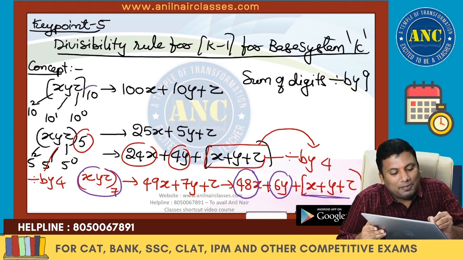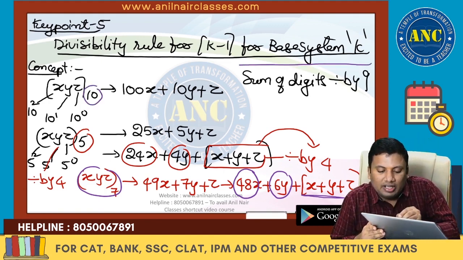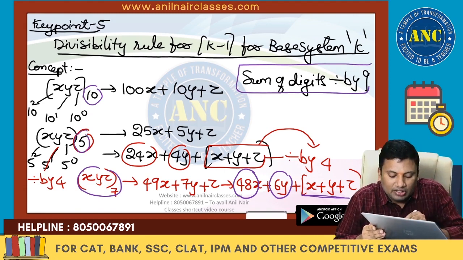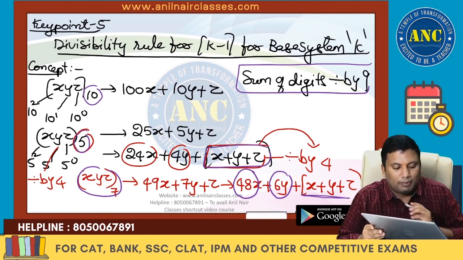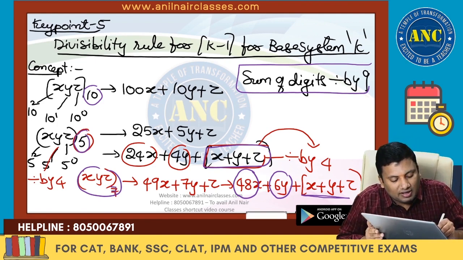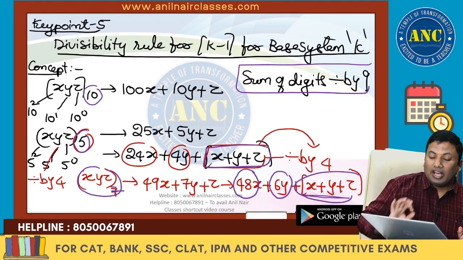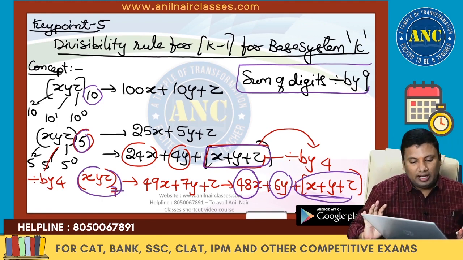That means in base system 10, the sum of the digits should be divisible by 9. In base system 5, the sum of the digits should be divisible by 4. In base system 7, the sum of the digits should be divisible by 6. I hope this point is extremely clear to you.